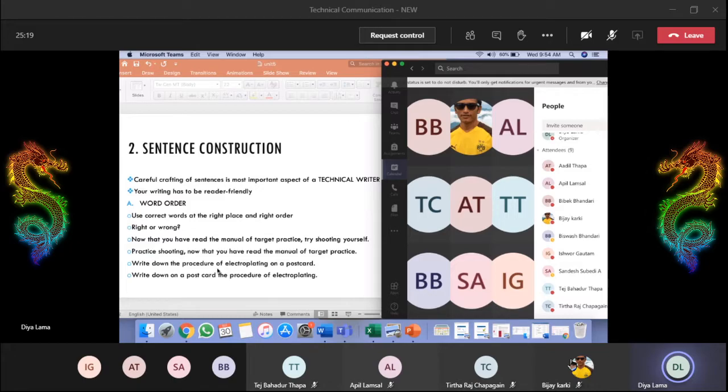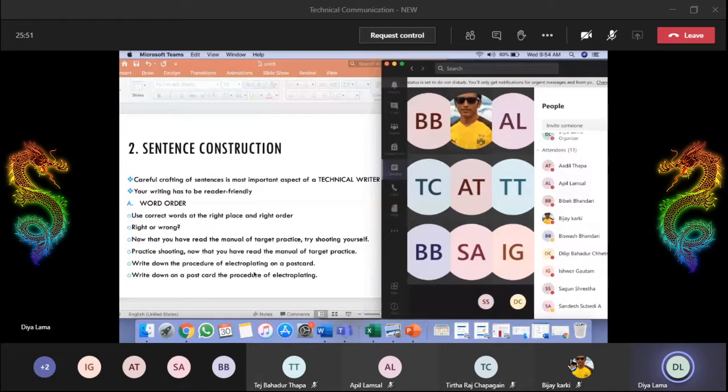He was trying to say to write the process of electroplating on a postcard or a paper, but because of using the words wrong, what this sentence is trying to say is that electroplating is done on a postcard, not written on a postcard.